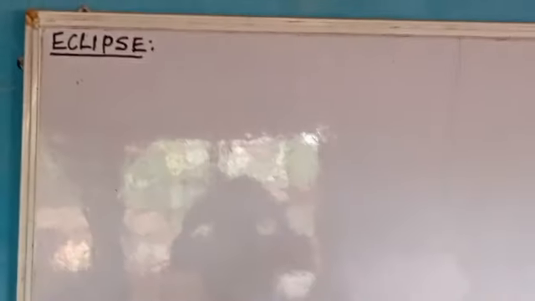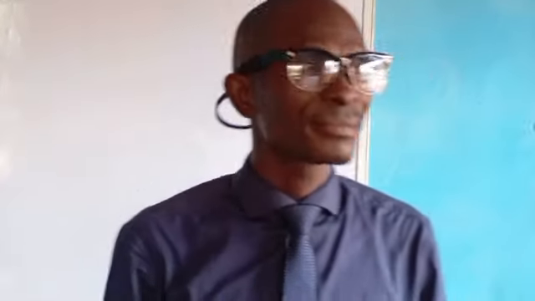Now, in this other part, we want to continue the class by looking at the term eclipse. This eclipse is also one of the effects produced by the rectilinear propagation of light. You must know that. And what is an eclipse?